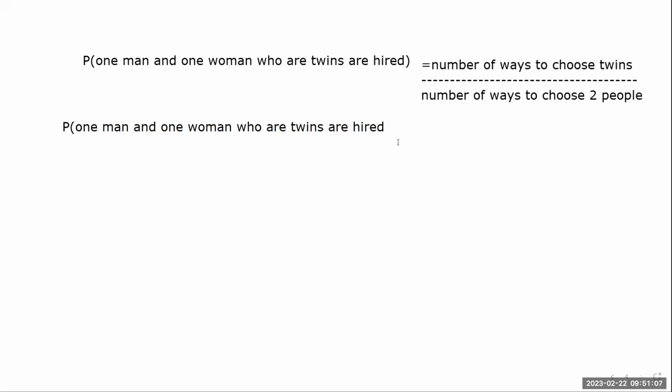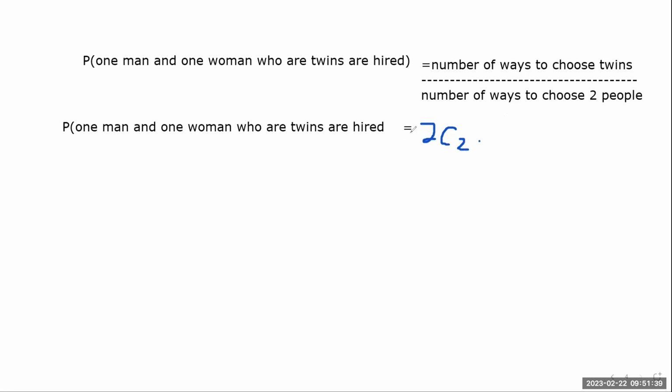There's 13 people in the employee pool, but 2 of them are twins. So the top of this will be from the 2 individuals who are twins, you're going to choose both of them. So 2 choose 2.